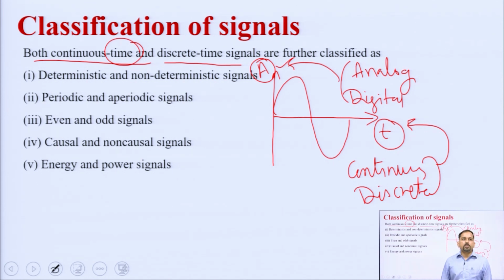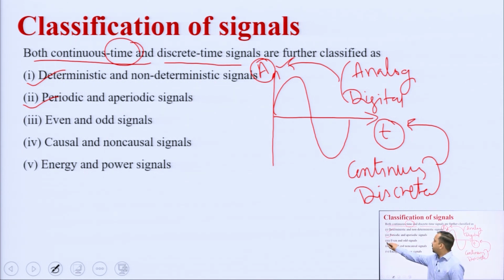So, let me classify the signals. First important classification is deterministic and random signals, also called deterministic and non-deterministic signals. The second classification is based on periodicity, whether the signal is periodic or aperiodic.